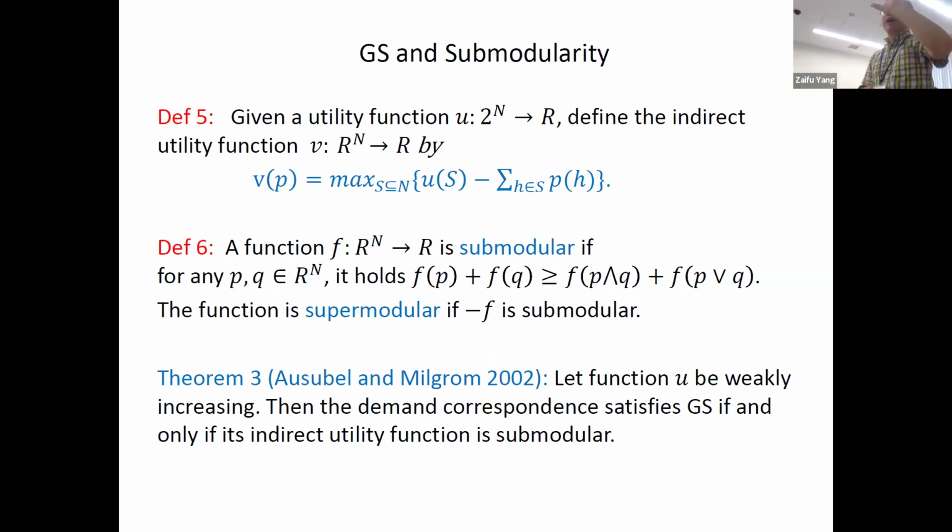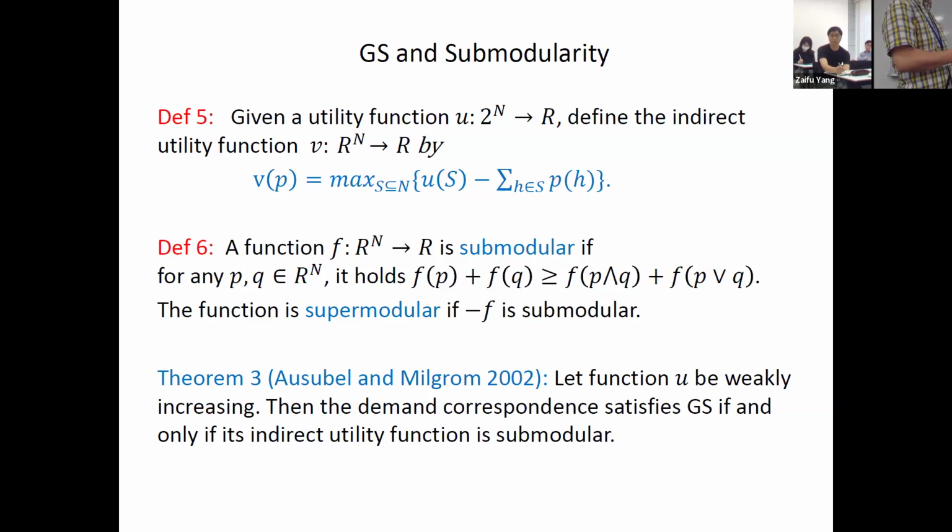And actually, Ausubel and Milgrom have another very elegant result about GS. They define the indirect utility function, and then consider the space of prices.